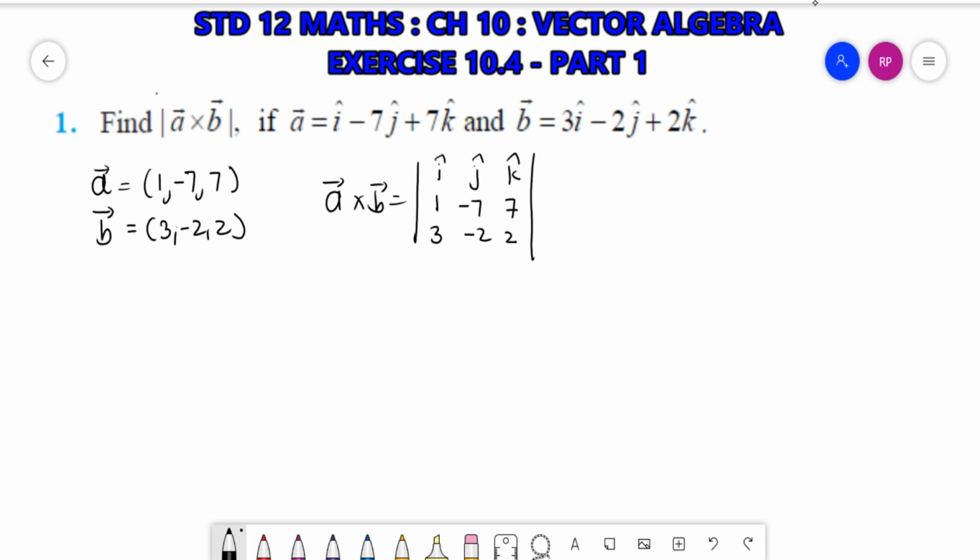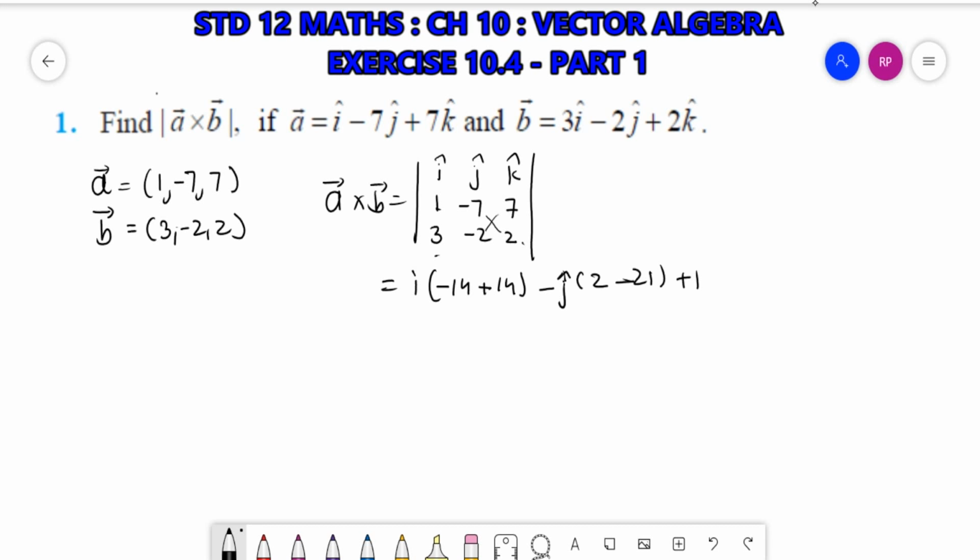So this will be equal to I into minus 7 into 2 minus 14, minus 7 into minus 2, that will be plus 14. Plus j. Okay, sorry, not plus, second time we are taking minus j, 1 into 2, 2 minus 7 into 3, 21.